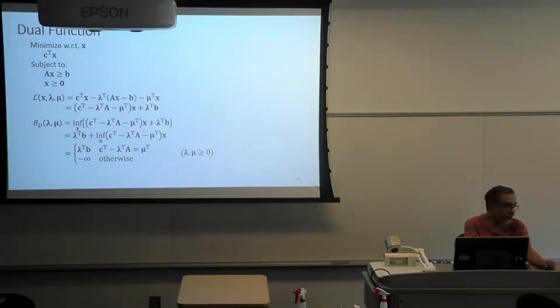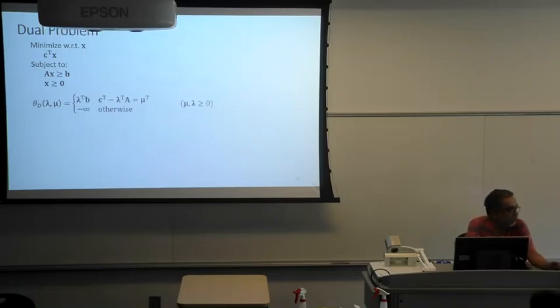So this vector should be 0. And in that case, the infimum is lambda transpose b. And remember that lambda and mu must be greater than or equal to 0, because these are inequality constraints. Are you guys with me?